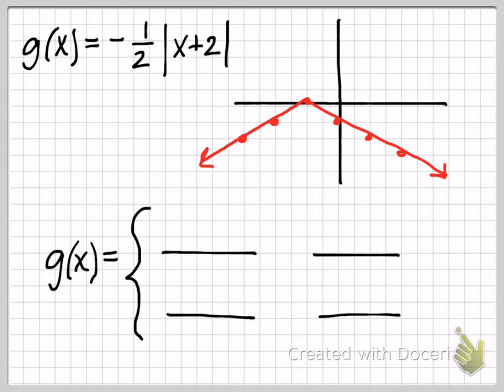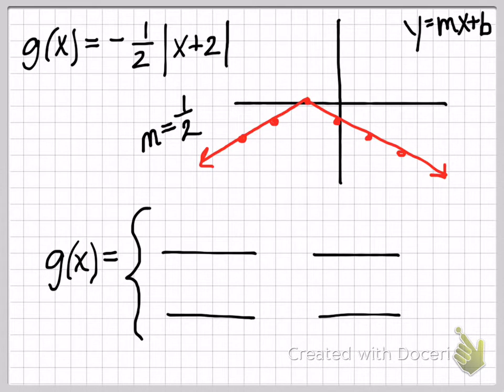So we talked earlier about the fact that this left-hand line has a slope of positive 1/2. We see that because we would rise 1 and then go to the right 2. So slope-intercept form makes sense. If we use y equals mx plus b, then we just need to know our slope and our y-intercept.